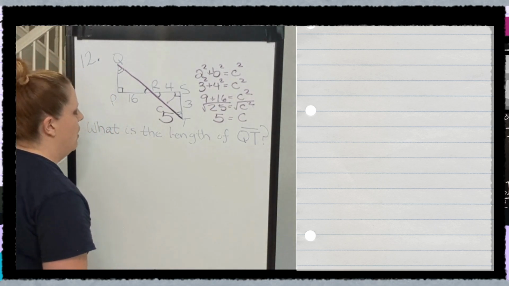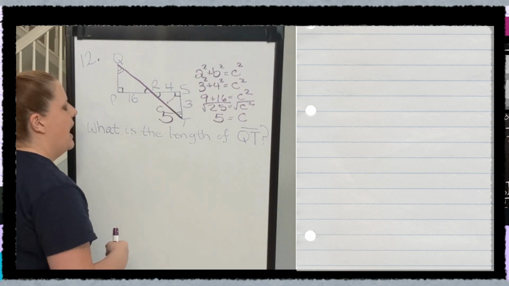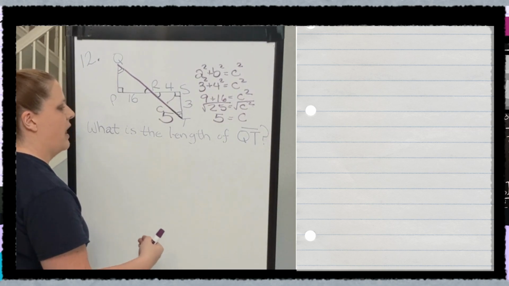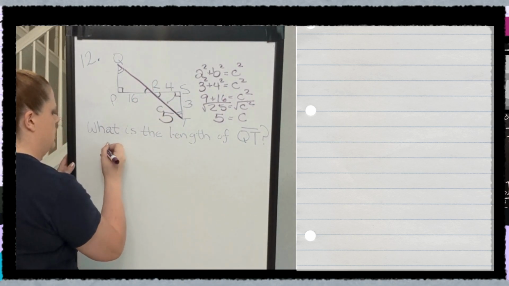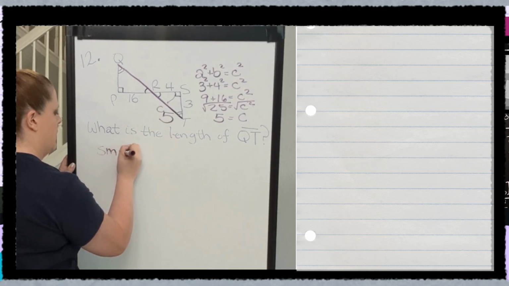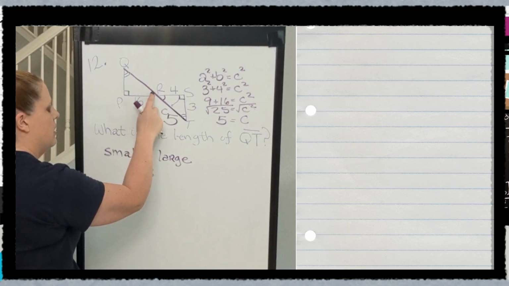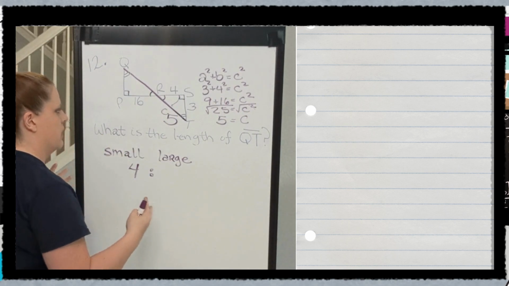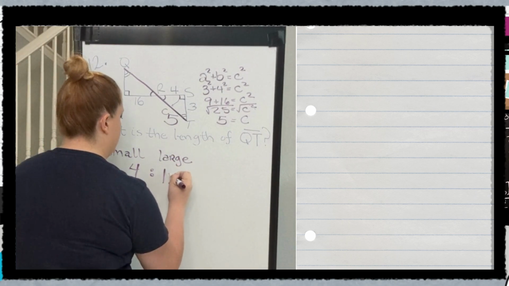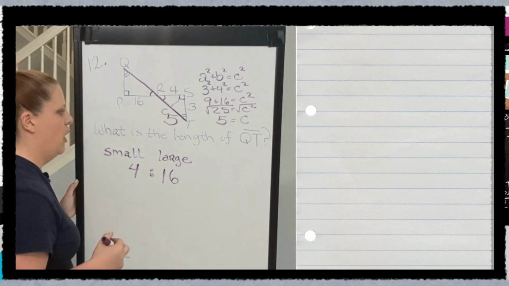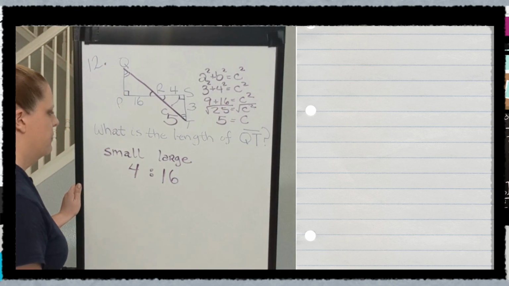We can compare our different lengths and figure out what the scale factor is. So I'm going to compare my small to my large triangle. And on the small, between our 90-degree angle and our middle, our vertical angles there, is 16. So we have a comparison that can help us with that scale factor.